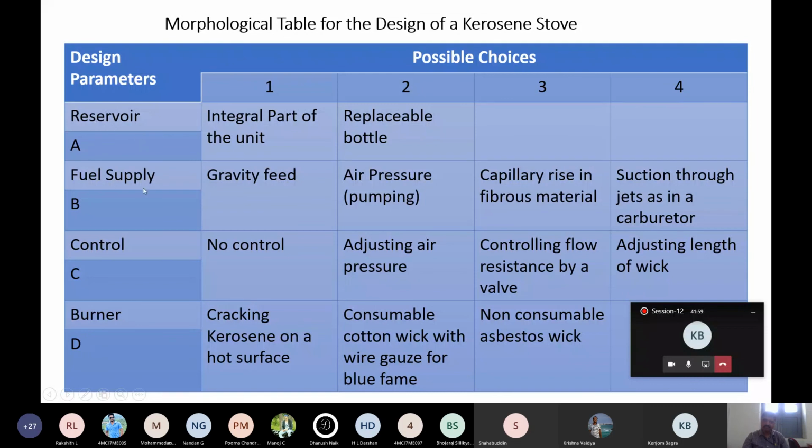Reservoir and fuel supply, these two are independent. Whether the storage tank is an integral part or not, that does not affect the fuel supply control mechanism. So these two are independent. Like this, in most of the design problems, there are some dependent parameters and there are some independent parameters.